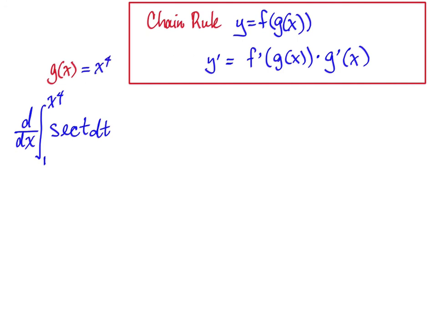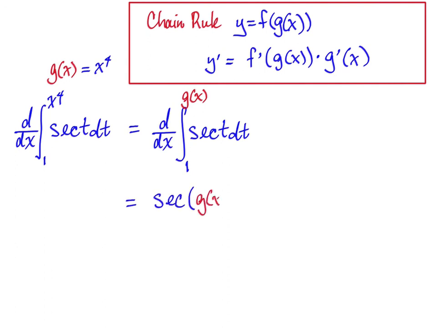All right, so we're going to use the fundamental theorem of calculus to differentiate the outside function, and then we'll apply the chain rule and multiply it by the derivative of the inside function. So we're going to differentiate the definite integral from 1 to g of x of secant t dt, and that's going to be the secant of g of x.